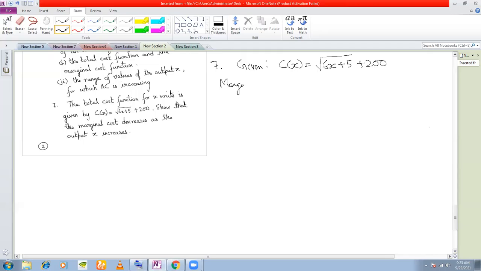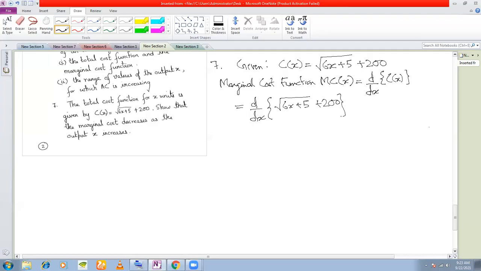But before that, you need to find out the marginal cost function. What is the marginal cost function? MC(x) is equal to d/dx of C(x), which is equal to the d/dx of square root 6x plus 5 plus 200, which is equal to simply the d/dx of square root 6x plus 5 plus 0, which is 6 by 2 root 6x plus 5, which you can now cancel.